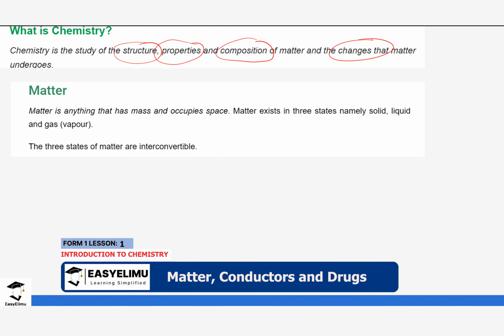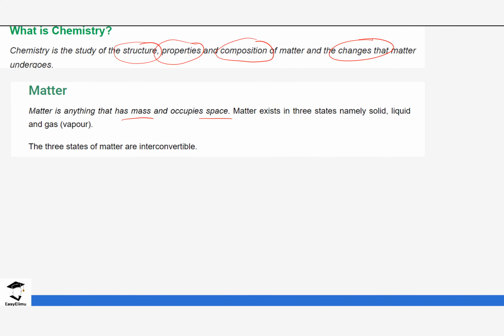So, matter is anything that has mass and occupies space, and it exists in three states, that is solid, liquid, and gas. We also have another state called plasma, although we are not going to be discussing plasma in high school. So at the moment we're going to be looking at the three states: solid, liquid, and gas. The three states are usually interconvertible.